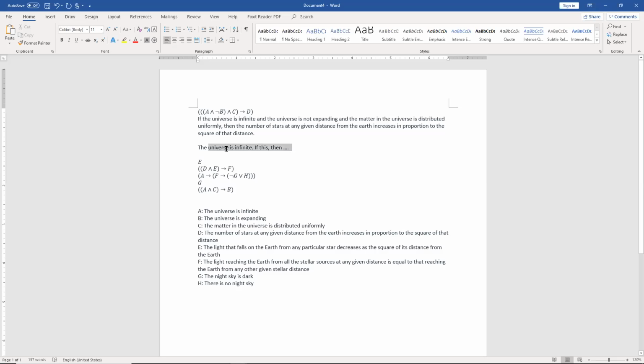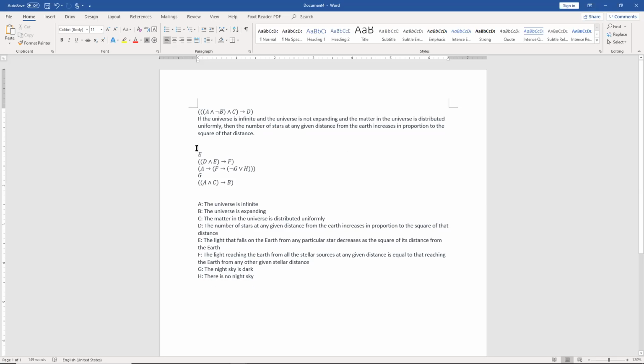On the other hand, if you said something just kind of like a rephrasing, like if the universe is infinite, comma, not expanding, comma, and the matter in it is distributed uniformly or something, that's fine. Minor rephrasings like this, if you threw in an only if somewhere, that's fine. As long as it's equivalent, we count it right.